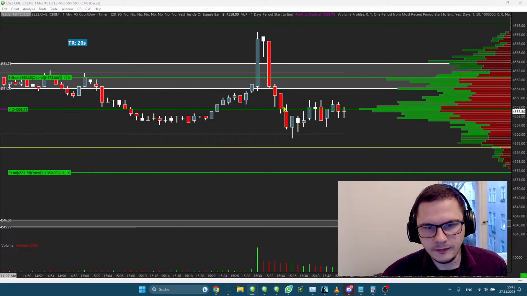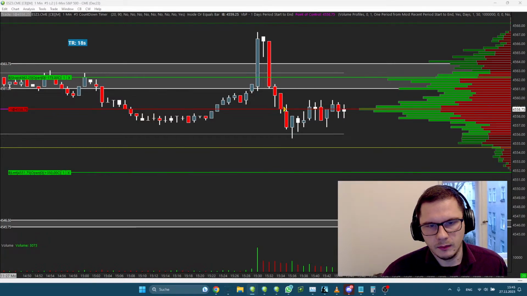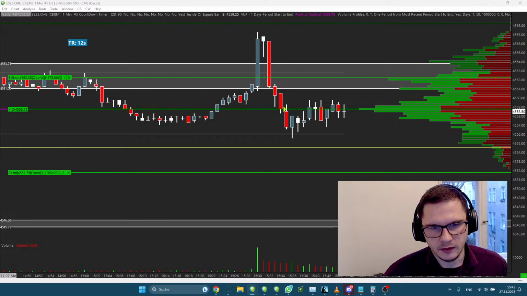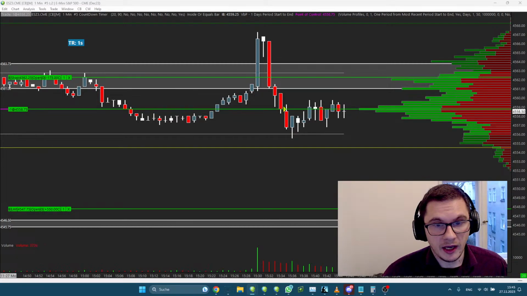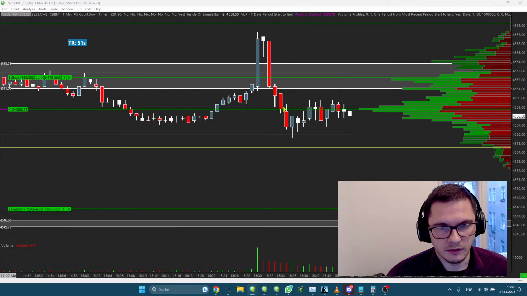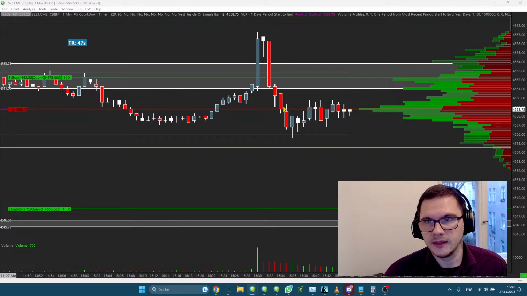So usually when I have to wait too long for my exits to hit or to at least move in my direction, what I like to do is just to get out break even. But we haven't seen any sellers so far, any huge sellers at least. Or buyers, we should say, right? So there's no reason to get out of the trade prematurely from a technical standpoint.